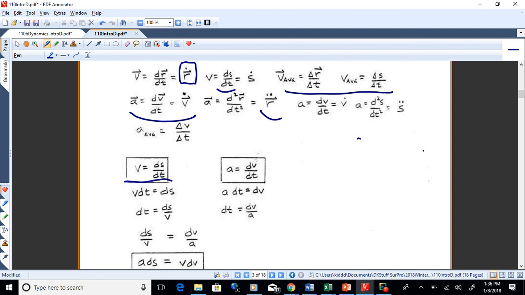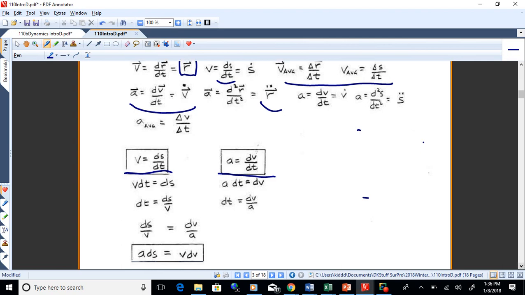So those are the fundamental definitions. V is the change in displacement with respect to time. A is the change of velocity with respect to time. So you can play around with those like they're algebraic variables. And you can solve them both for dt, the change in time. So the change in time is the change in displacement divided by the velocity.